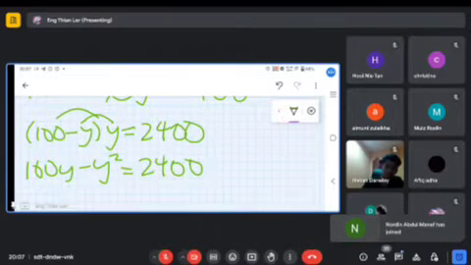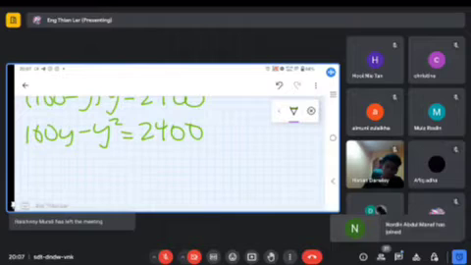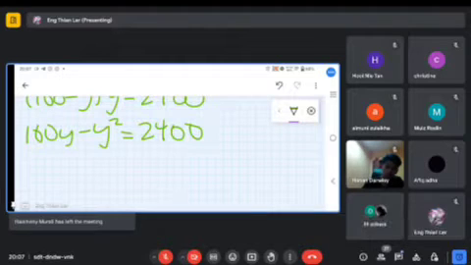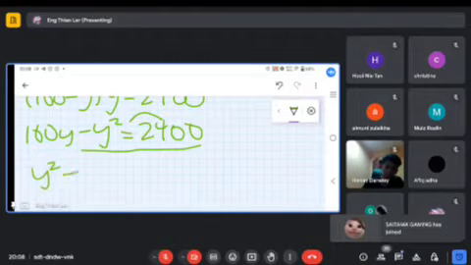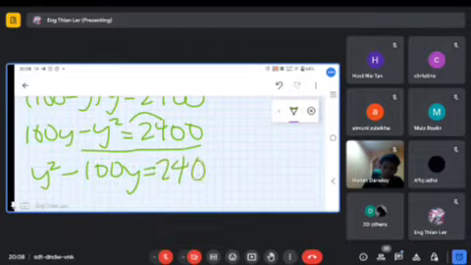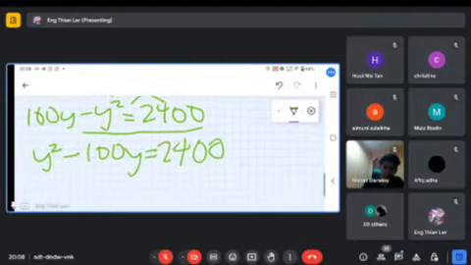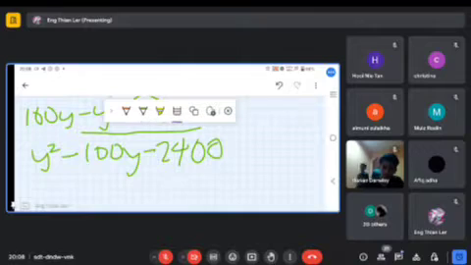We need to make this the general form of a quadratic equation, so we move the terms over. We get y squared minus 100y equals negative 2,400. Now we need to add 2,400.